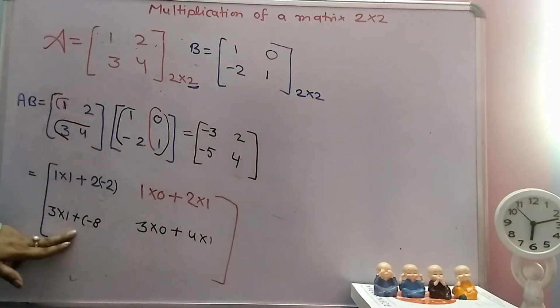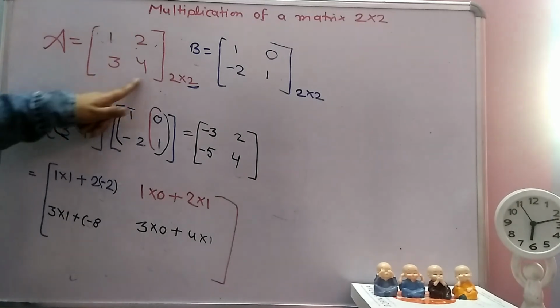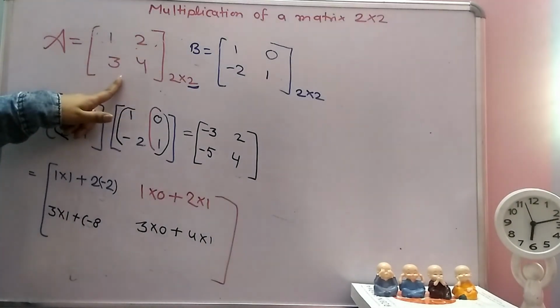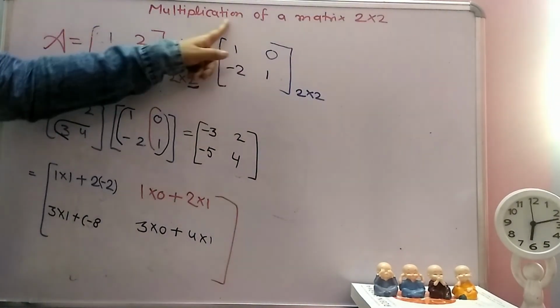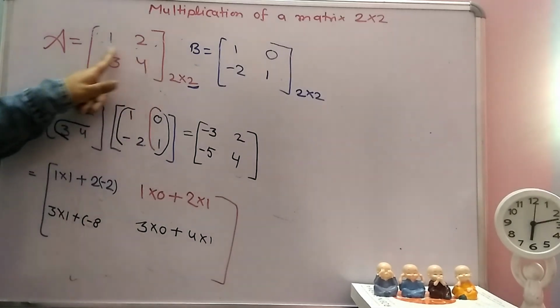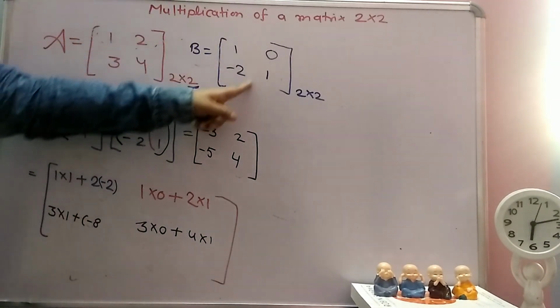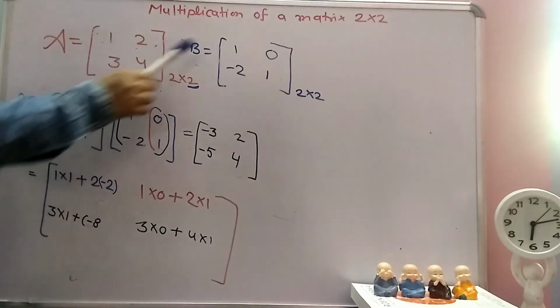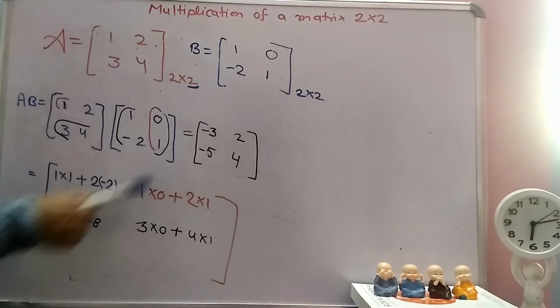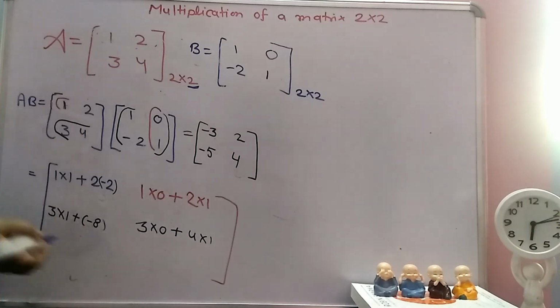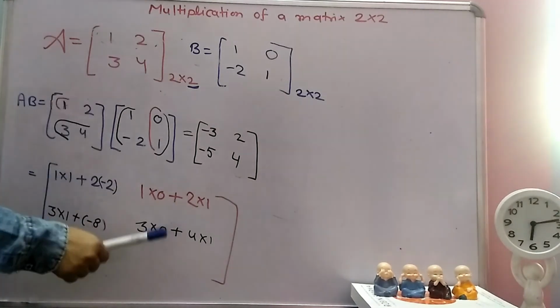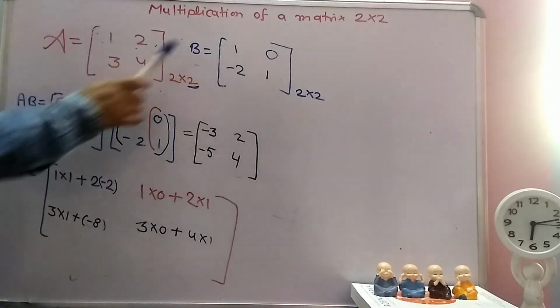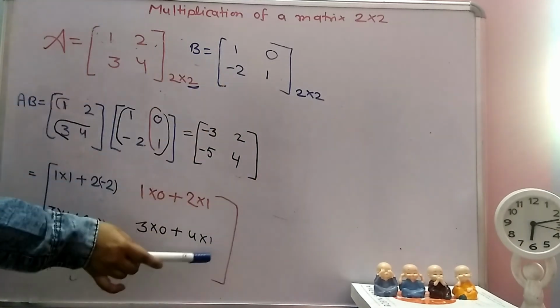For the third element, we take the second row of this matrix and the first column. Then 3 into 1 plus 4 into minus 2. This is minus 8. Fourth element, 3 into 0 plus 4 into 1.